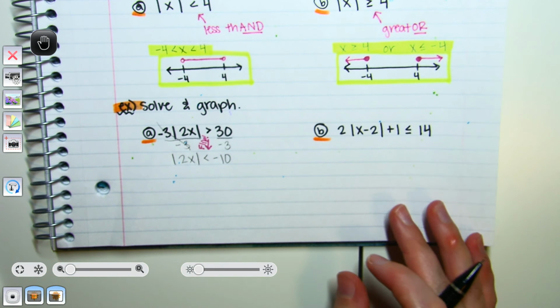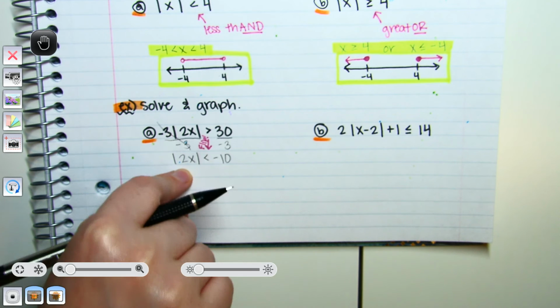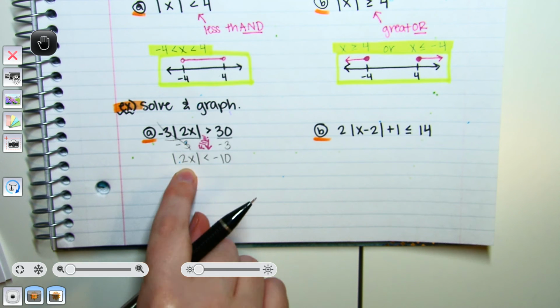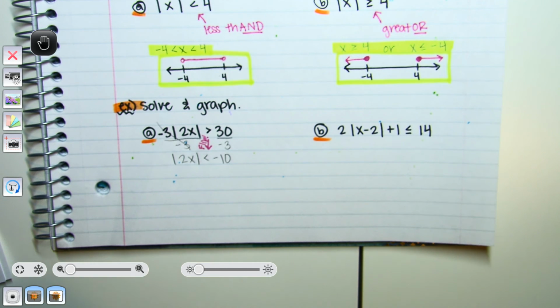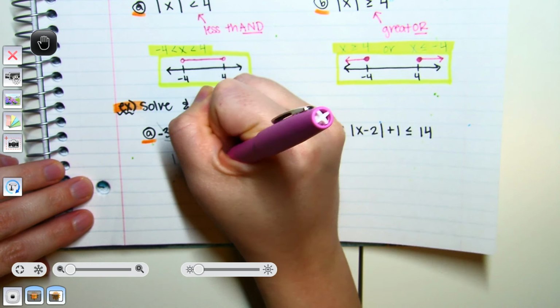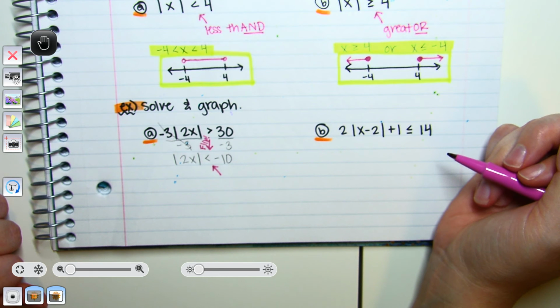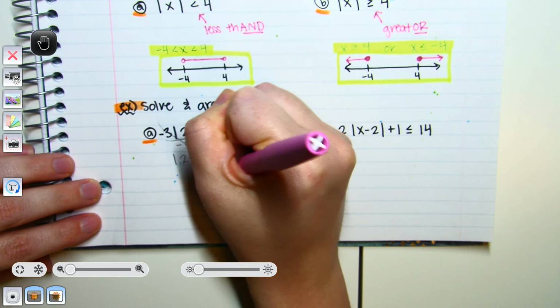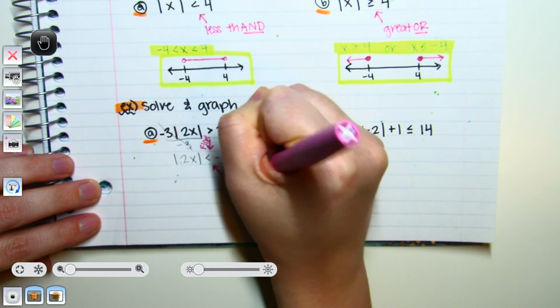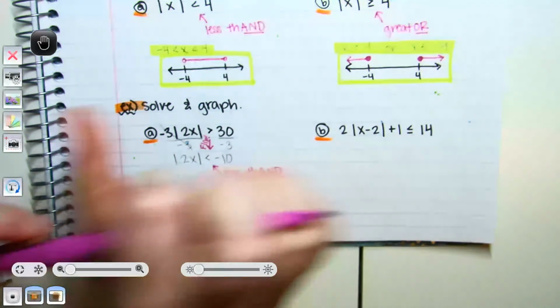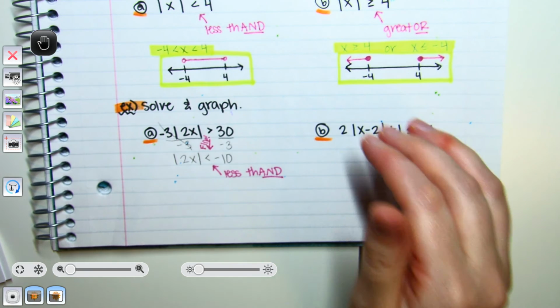Now my absolute value is by itself over here. So now I can determine, is this greater or less than? Good. You all should have said less than, which means it's going to be an "and" statement.